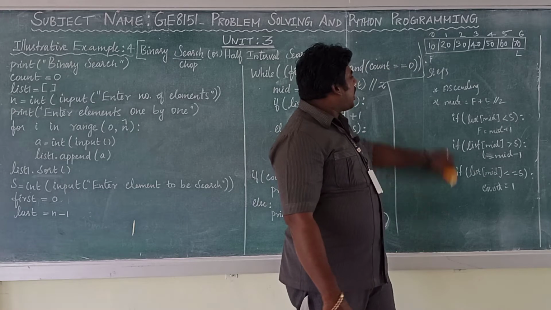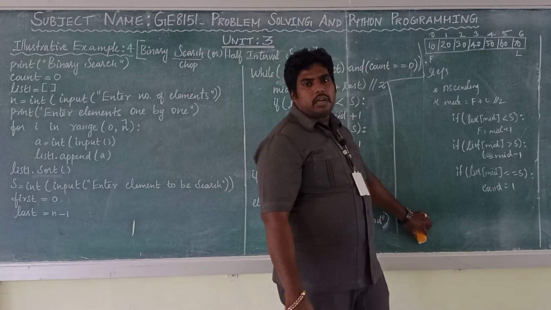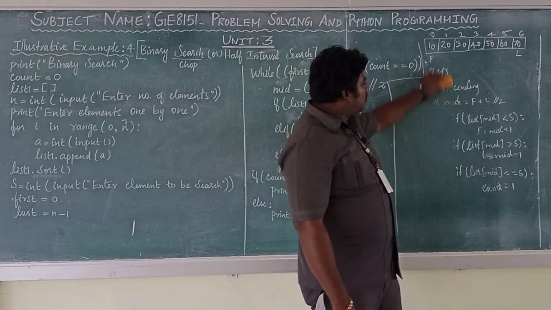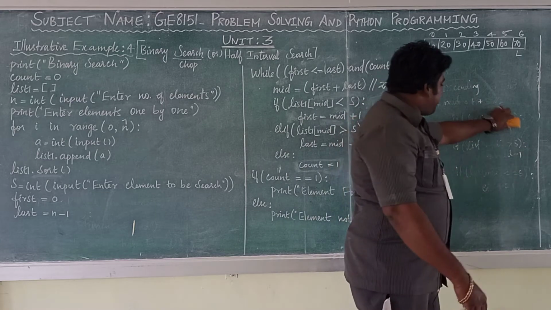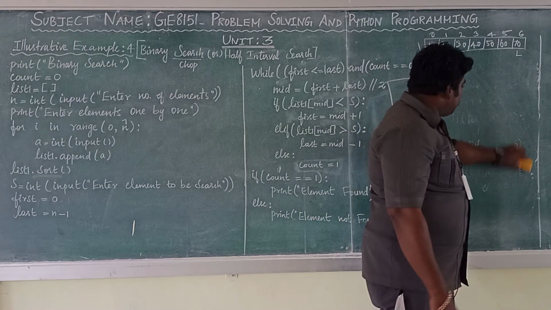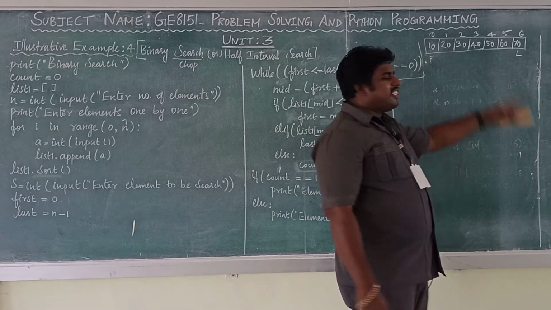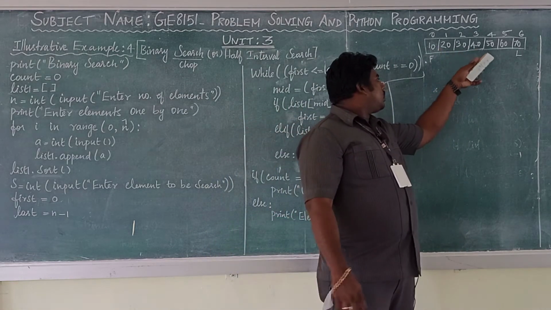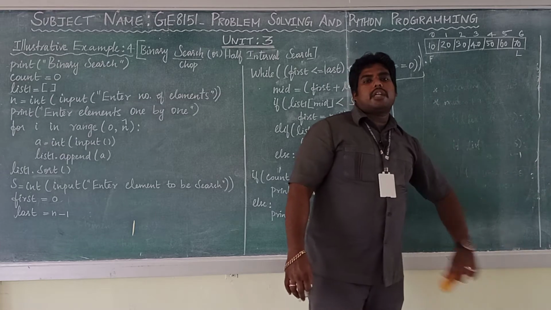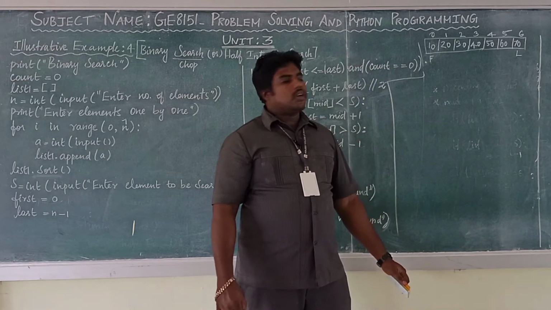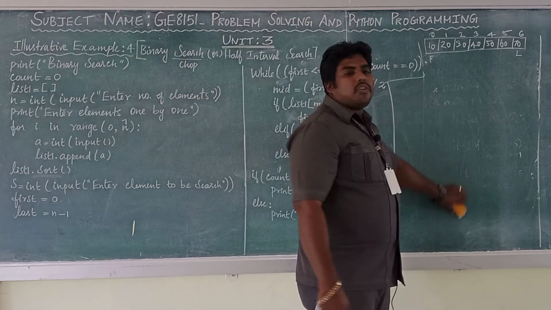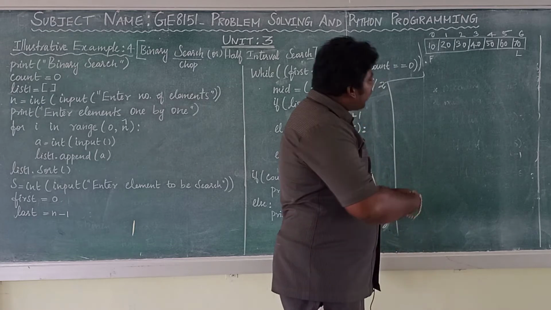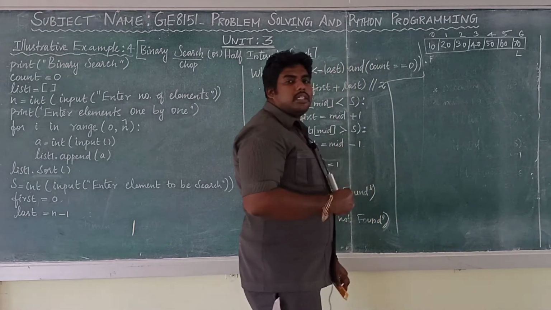Now I am going to explain with one example, then we can see the program. See this example. What's the first rule? Whether the elements are in ascending order. Here 10, 20, 30, all these elements are in ascending order. What's the second rule? You have to find the mid.